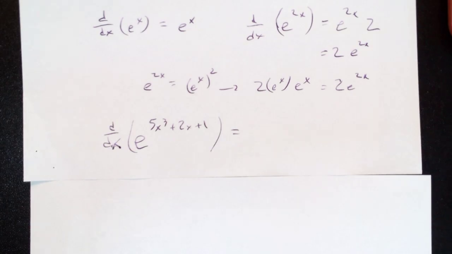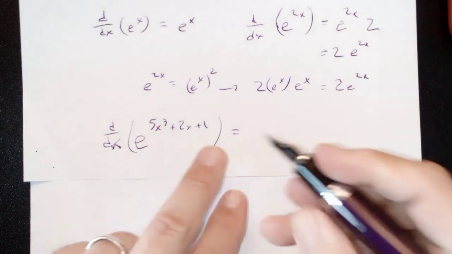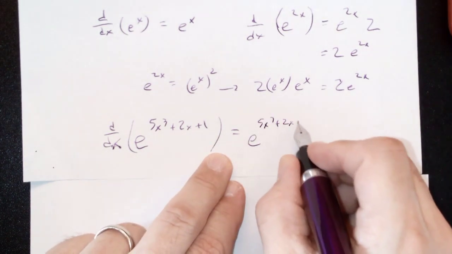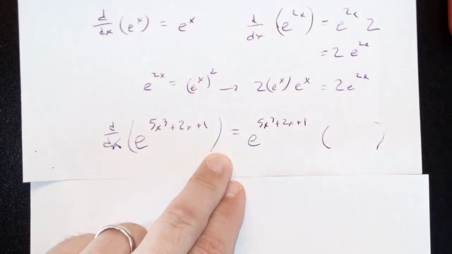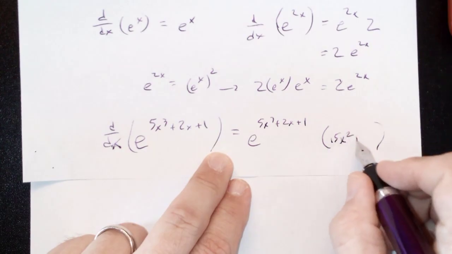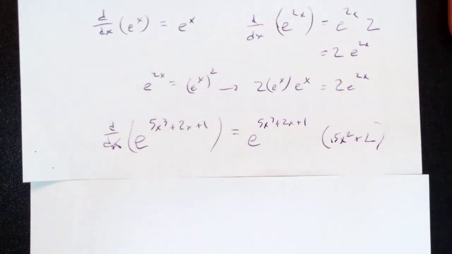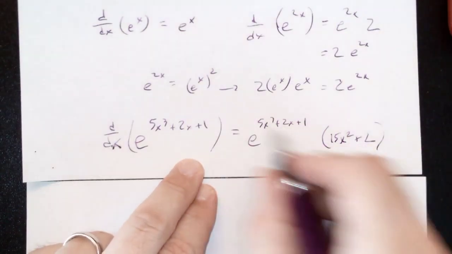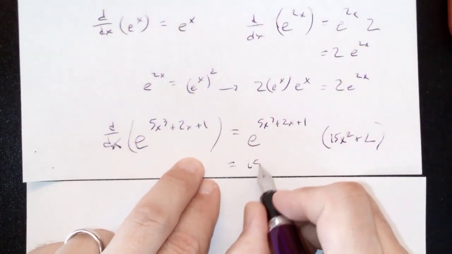So the derivative of e to the barf is e to the barf, and then the derivative of the barf. That's all I have to do every time. It's the chain rule. I get the same thing back, and then I get more, which in this case I'm going to put out front because I don't like having no lines and not being able to tell what's up versus what's down.